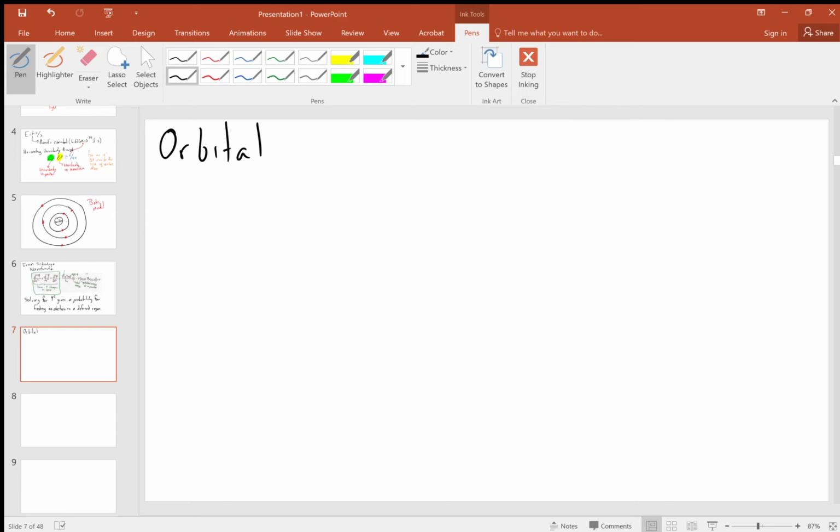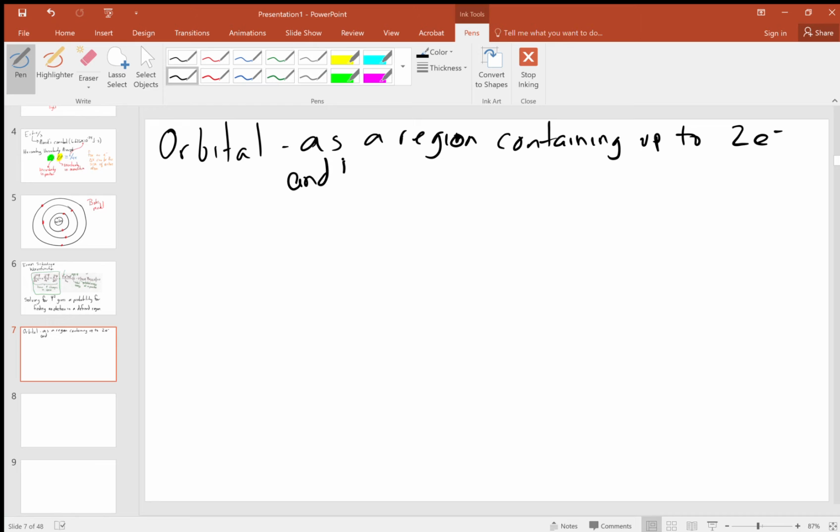So now we're going to define an orbital as a region that can contain up to 2 electrons and has a high probability of finding an electron.